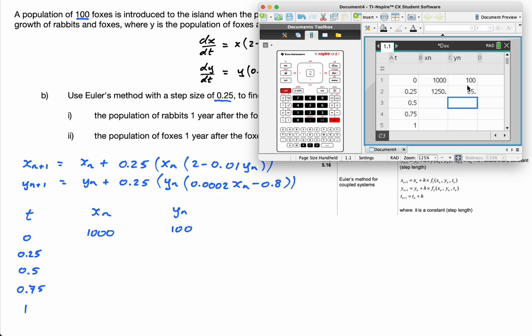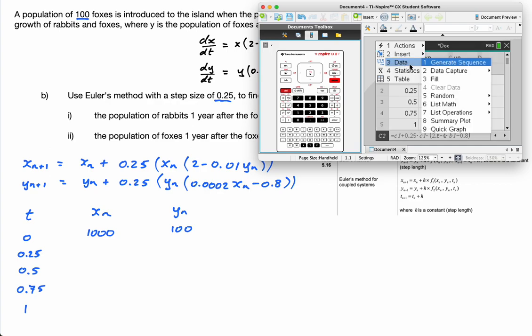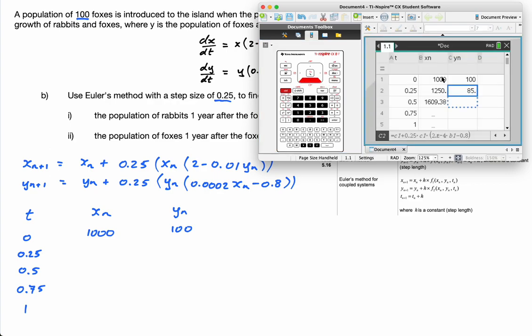So the population of foxes is actually dwindling because there are not enough rabbits for them to eat. Then I just fill this down. If you click menu, data, fill, and drag this down, there you go.